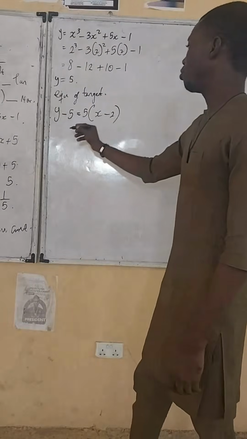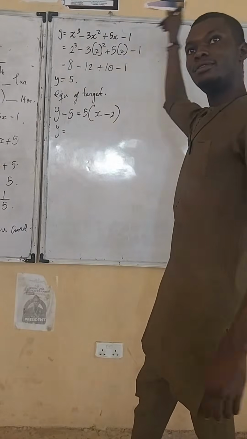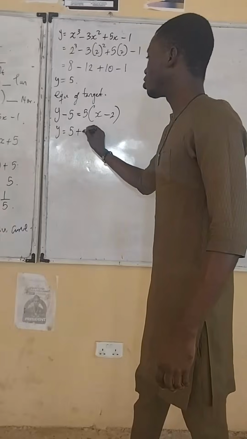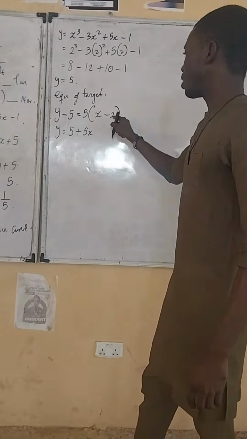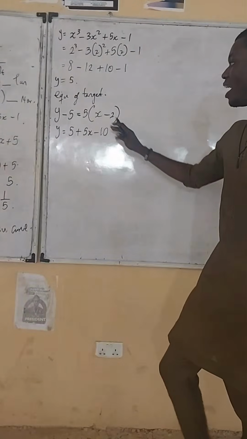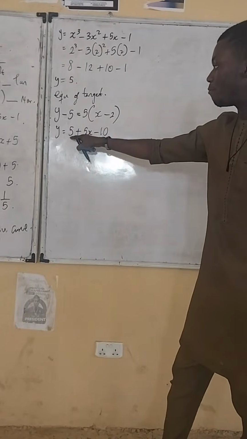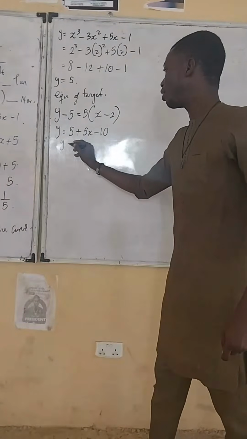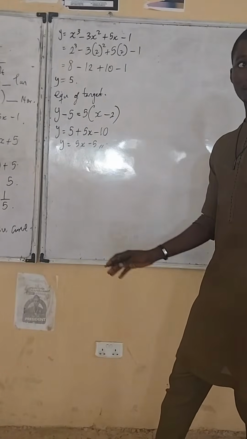If we solve for that, y equals 5 plus 5 times x, that's 5x, and 5 times minus 2, that's minus 10. I expand this bracket and bring the minus 5 to the other side as positive 5. Now 5 minus 10 gives us minus 5. So y equals 5x minus 5. That's your equation for the tangent.